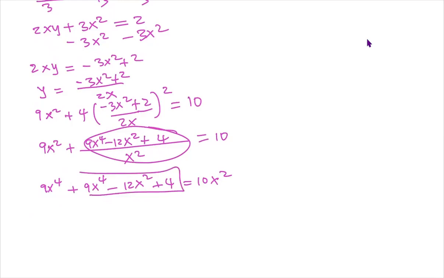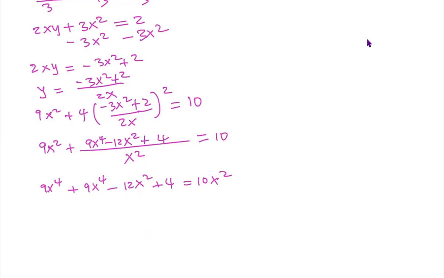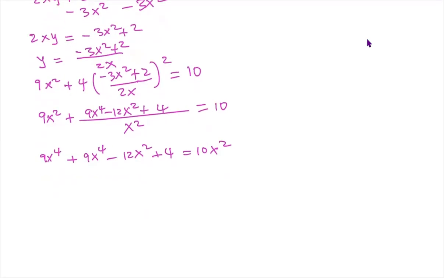And the parts that did not have x squared, you just multiply them both by x squared. So that's what gives me that final equation. Now we're going to put them all together: 18x to the 4th minus 22x squared plus 4 equals 0.